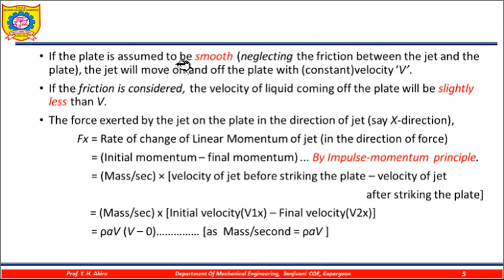If the plate is assumed to be smooth, then the friction between the jet and the plate can be neglected, and the jet will move on and off the plate with constant velocity, that is the initial velocity capital V. So if you assume the plate to be smooth, which is a rather good assumption, then you can neglect the friction between the flowing jet and the plate.